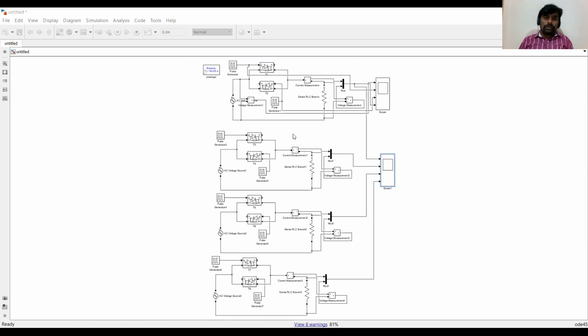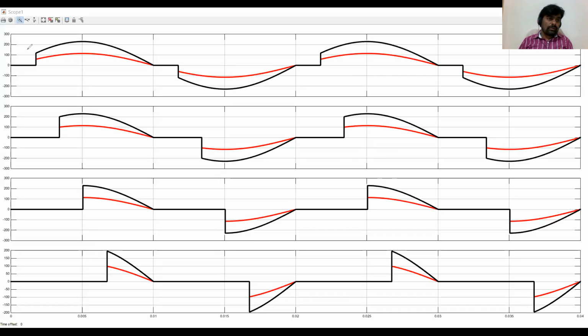Okay, now you can see here this waveform is at alpha equal to 30 degrees, where you can see black one is the output voltage, red one is the output current, and this is at alpha 60 degrees. And this exactly you can see it is triggering at 0.005 second, means alpha equal to 90 degrees.